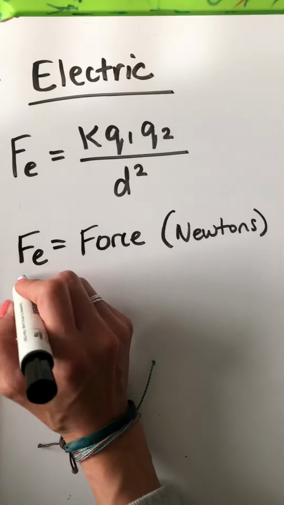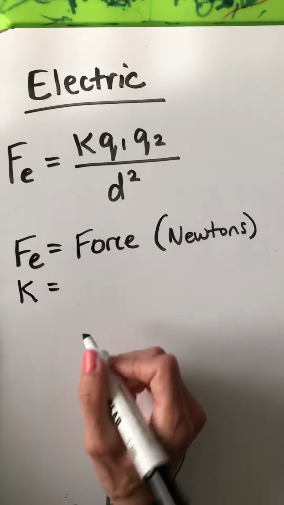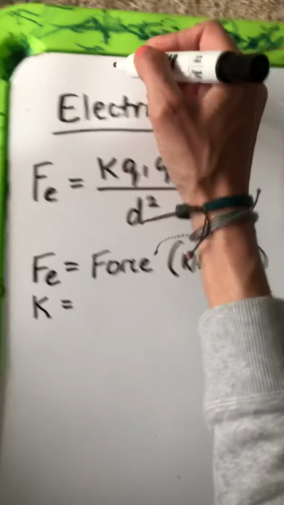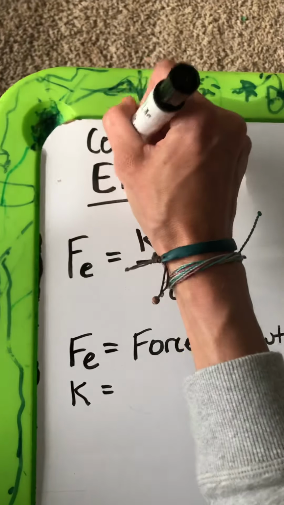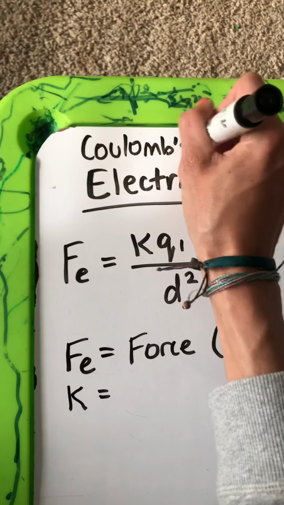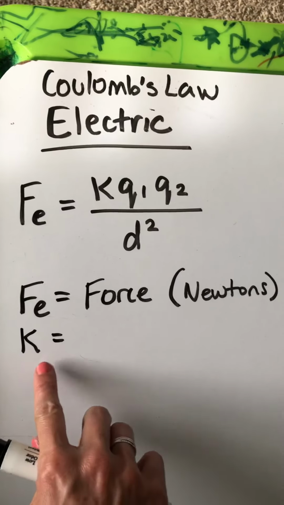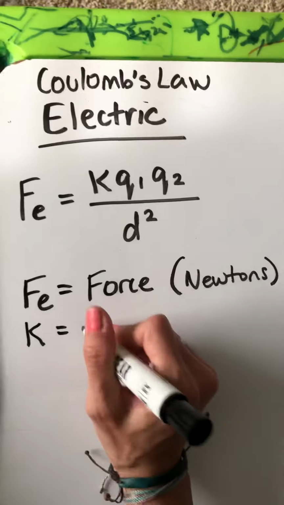Okay. K is Coulomb's constant. This whole law is Coulomb's law. I'll put that up here. So the K in the formula is actually Coulomb's constant.